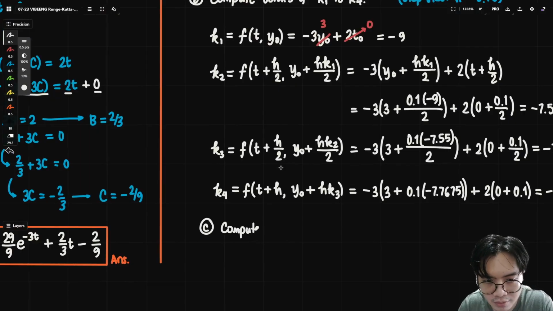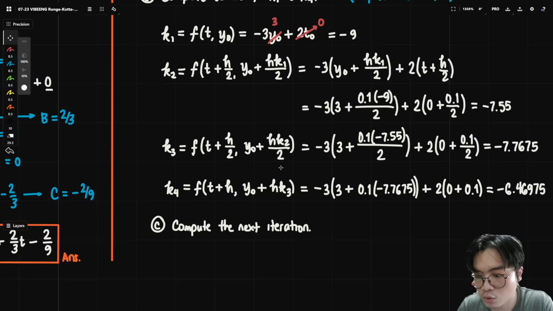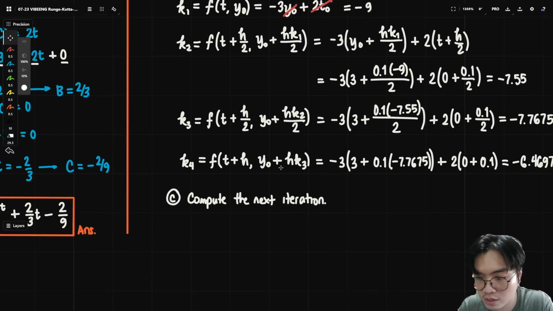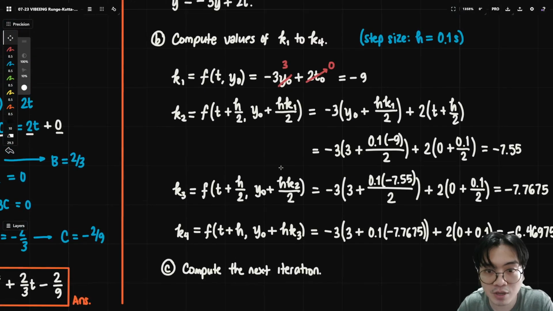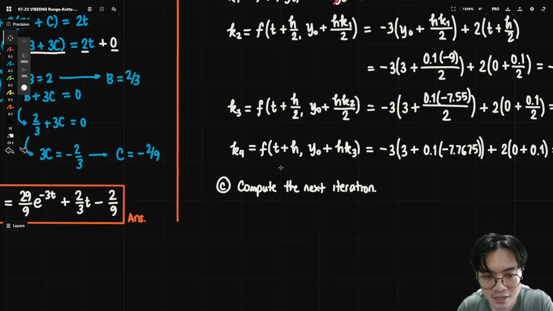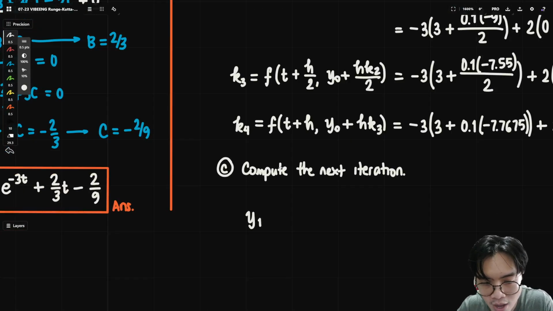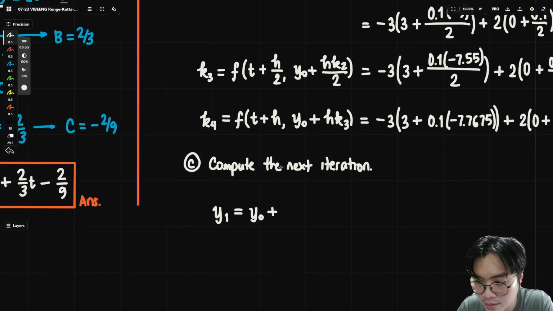And now we put all of this together so that we can find our next iteration. So our next iteration will have to do with our new value of y. Kasi naman yun yung pinapalitan natin, right? So our new value of y, our y1, is just going to be our old value plus h over 6 times k1 plus 2k2 plus 2k3 plus k4.